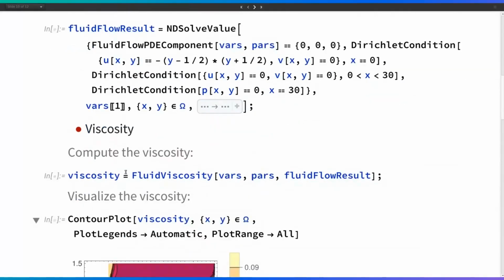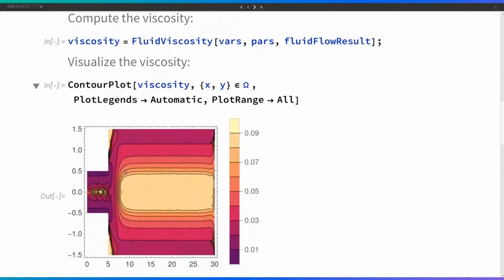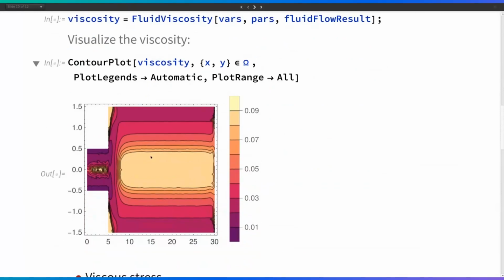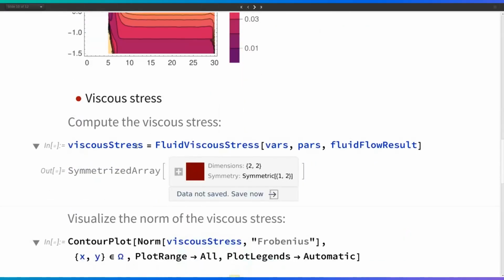So once we have the viscosity, we can use, for example, the contour plot to visualize it. Here we see that the viscosity is largest in the center, and it's getting lower near the boundary. This is called shear thinning, and it's a common phenomenon in non-Newtonian fluids. Next, we can compute the viscous stress.